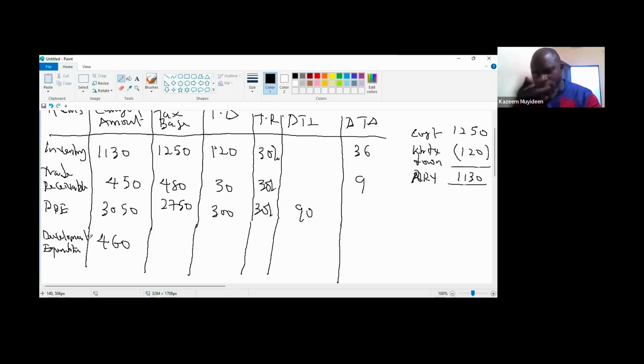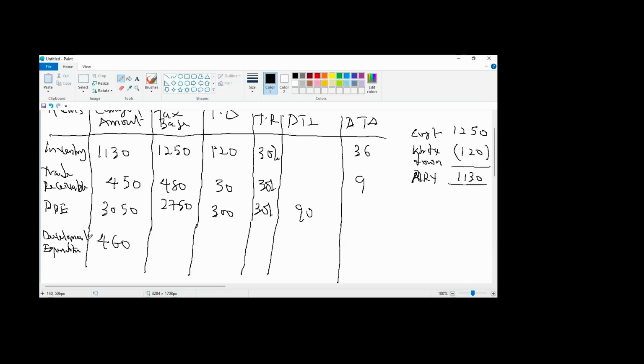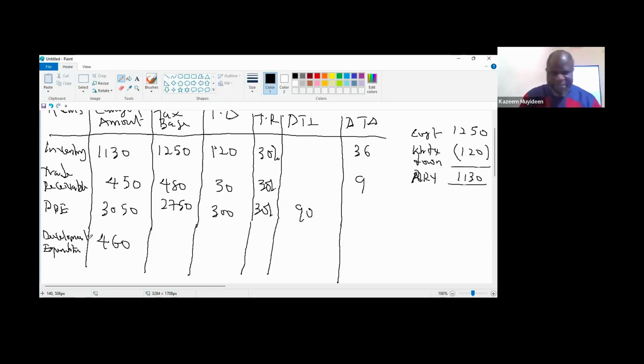What is going to be the tax base? Don't forget, we bought the asset at 100 million, we charged depreciation of 20, so the carrying amount is 80. But the tax people say we are giving you 100% of that asset. What is going to be the tax base? Zero. If you get that, why can't you get this?